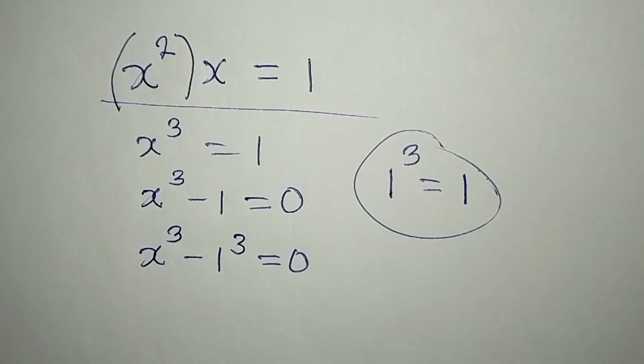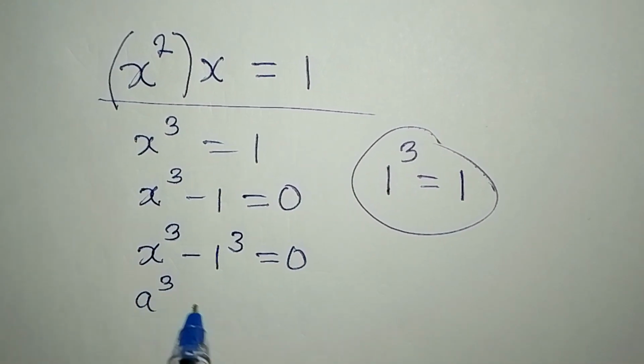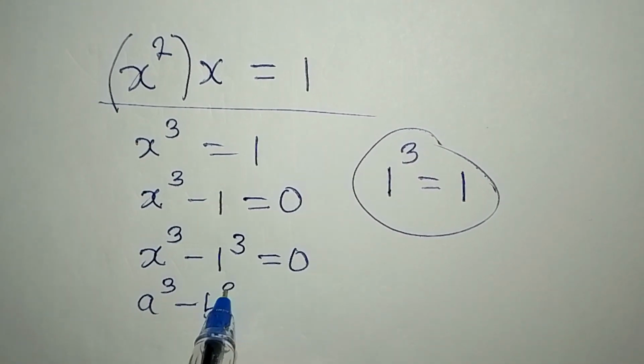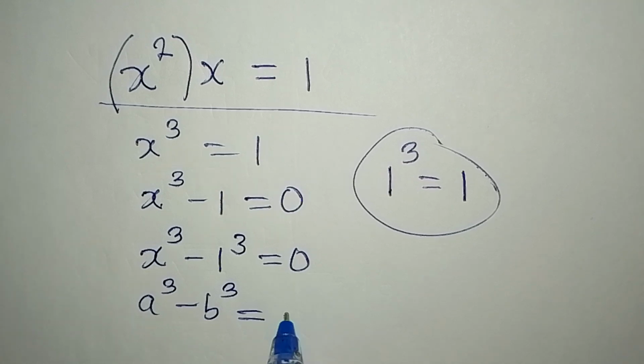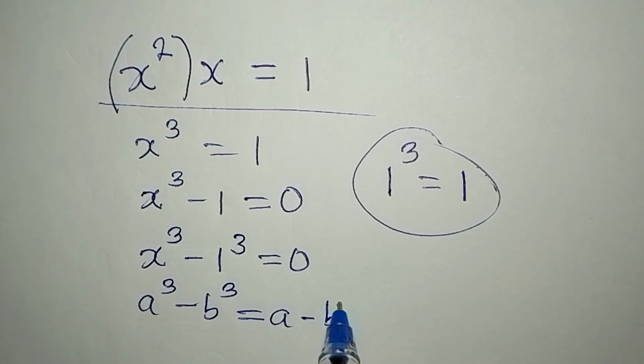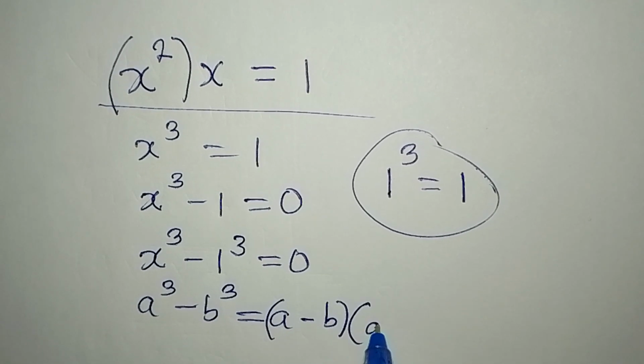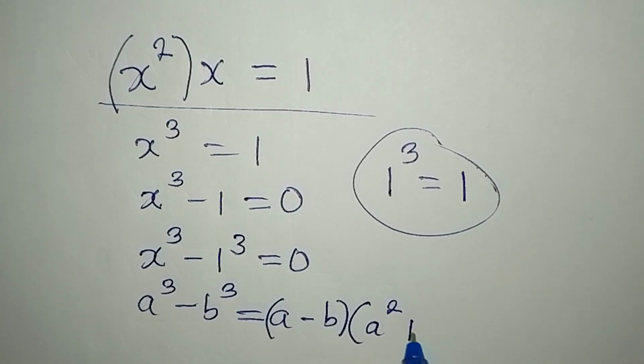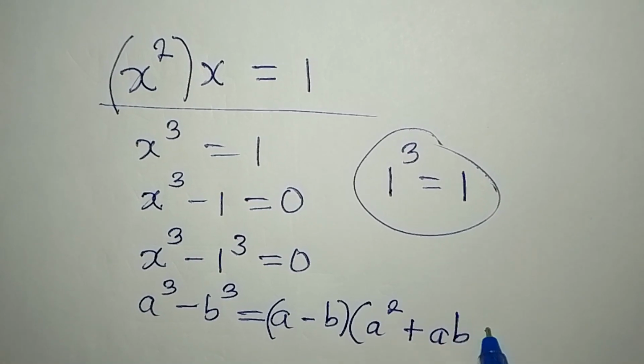Remember, we have not changed anything. But then, do you remember this? a to the power of 3 minus b to the power of 3 is equal to a minus b into a squared plus ab plus b squared.